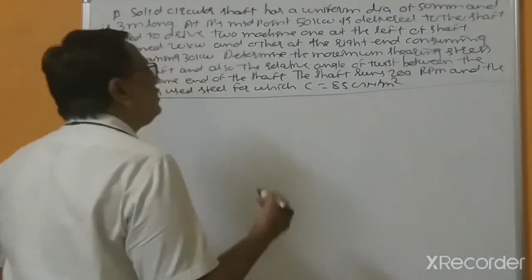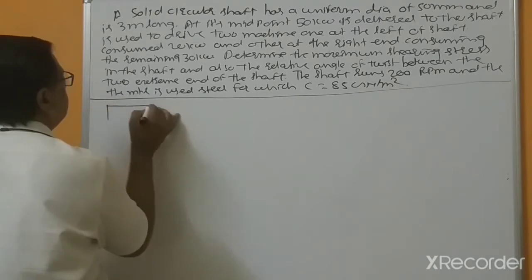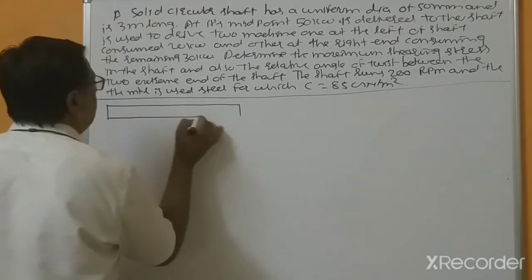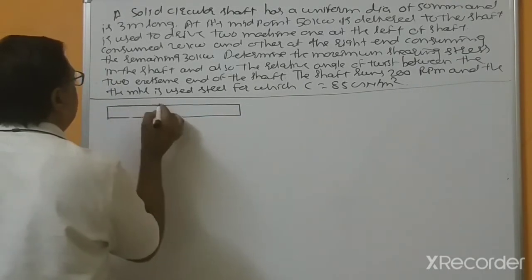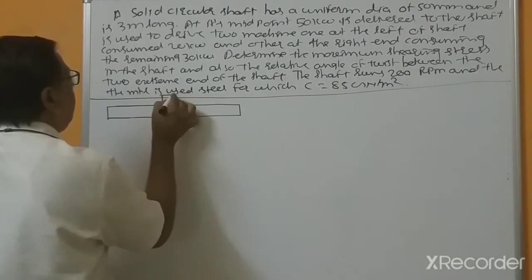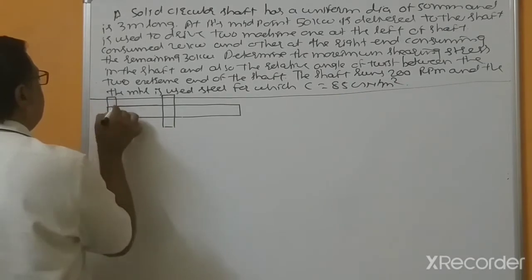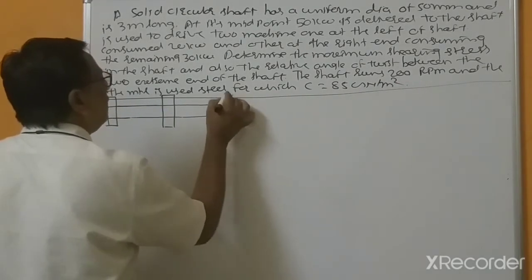So here first we will draw the figure. This is a shaft. At the middle there is a pulley, at one end one pulley, and this is also one pulley.